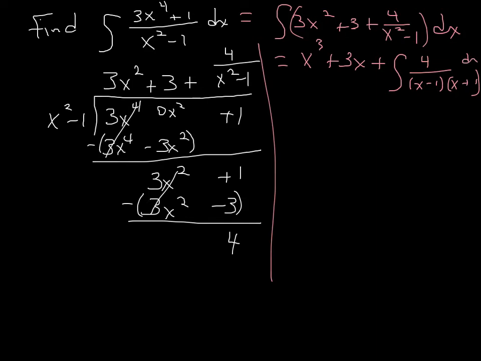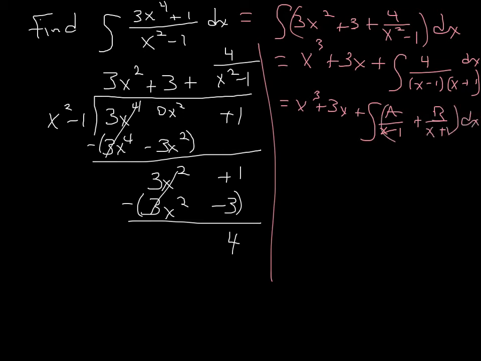And oops, don't forget your dx. Okay. And then we're going to use partial fractions to find out how I can break that up, because this would be x cubed plus 3x plus the integral of a over x minus 1 plus b over x plus 1 dx.